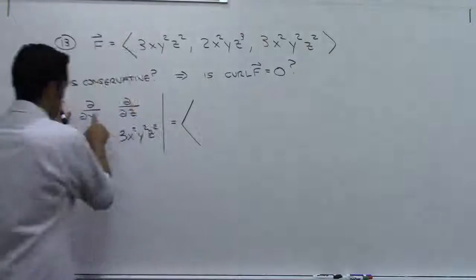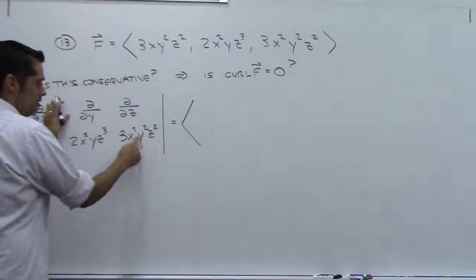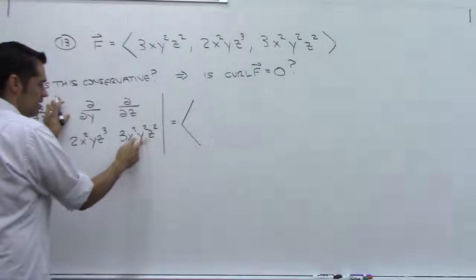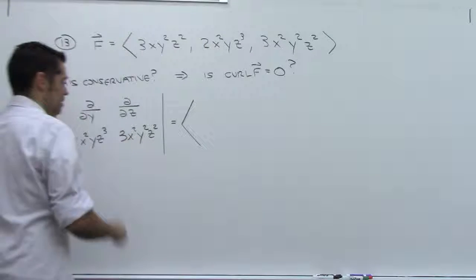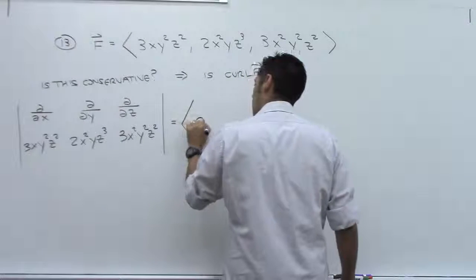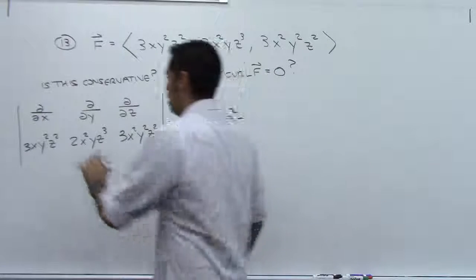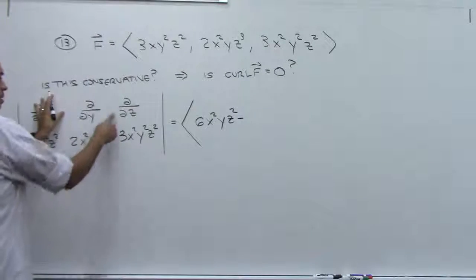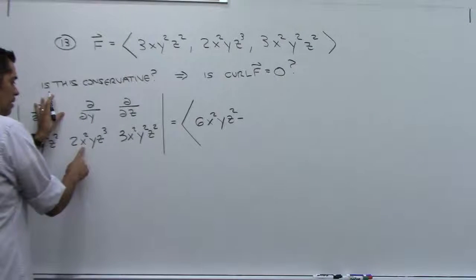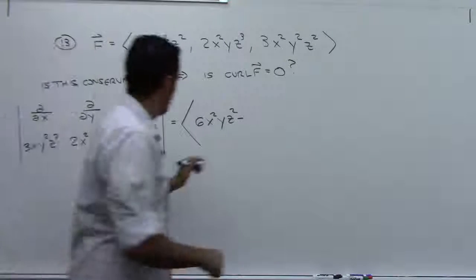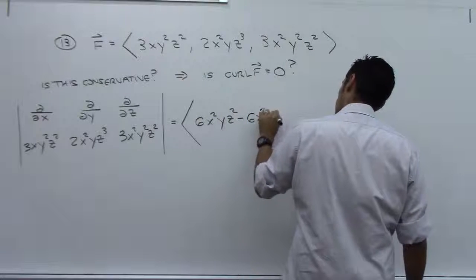Covering this up, what's the partial of y with respect to this? Well, x's and z's are constant. Derivative of y squared is 2y. So I'll get a 6x squared y z squared minus, now I do this and this, partial of this with respect to z, the 3 pops out, I get 6 x squared yz squared. 6 x squared yz squared.